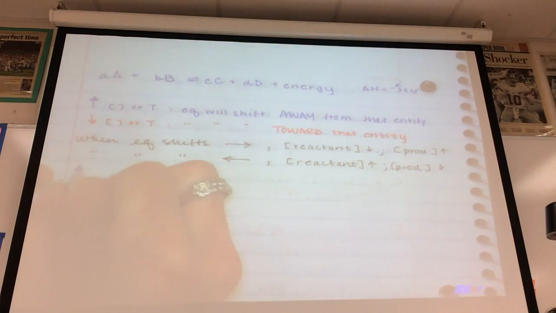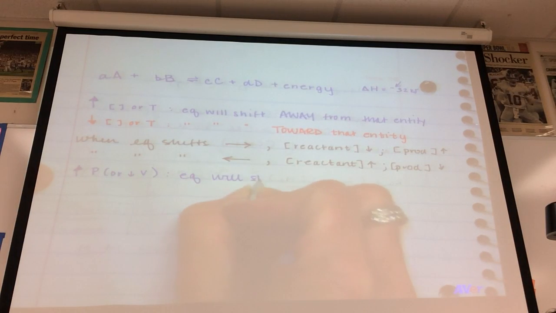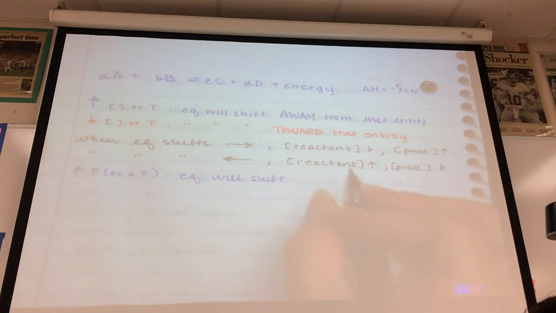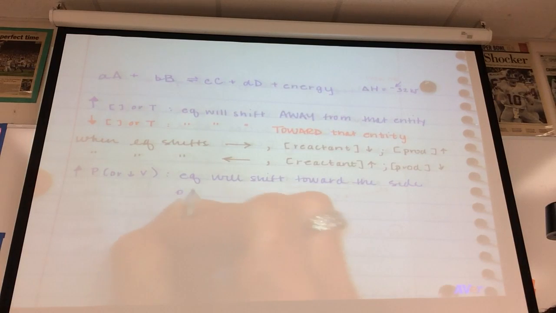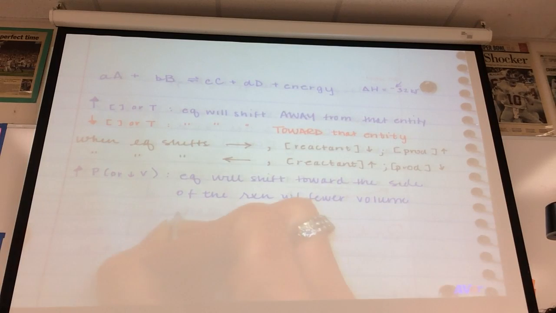When you increase pressure or decrease volume, equilibrium will shift toward the side of the reaction with fewer volume units of gas.